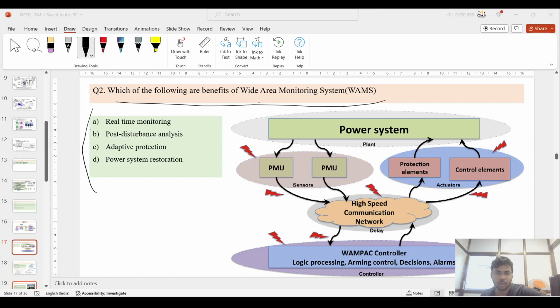Please solve this question. Okay. Dharma is saying ACD. Okay. Any other answer? You have 2 minutes to solve this question.